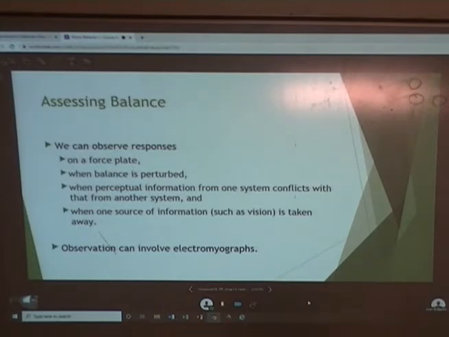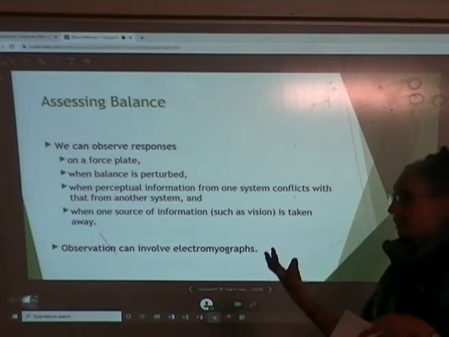So there's a little bit on assessing balance in the chapter. Again, very relevant for PT, might be relevant, Kayla, in a PE scenario. If you've got a child who seems to be having issues with their balance, how do I assess that?